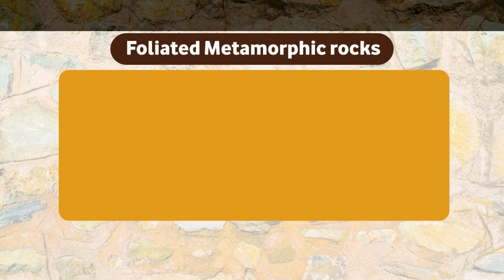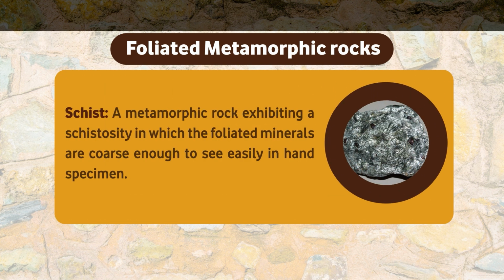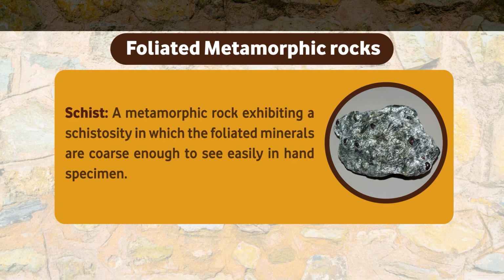Then we have schist. Schist is a metamorphic rock exhibiting schistosity. Schistosity is the textural feature which arises out of parallel alignment of platy grains in the rock. In this rock, foliated minerals are coarse enough to be easily seen in hand specimen. Here you can see a schist. This is a garnet bearing mica schist.